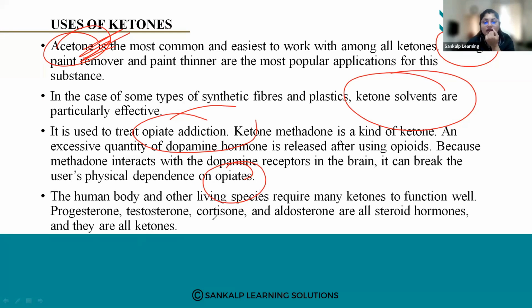The human body and other living species require many ketones to function well. Progesterone, testosterone, cortisone, and androsterone are all steroid hormones, and they are all ketones.